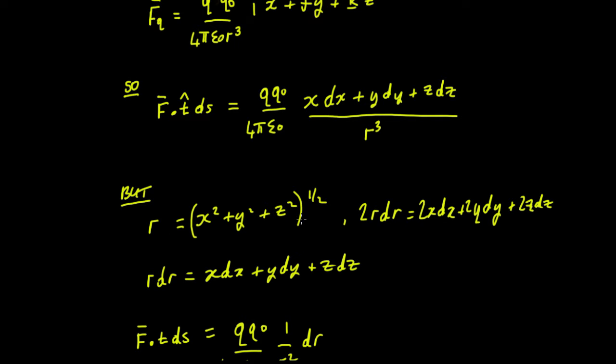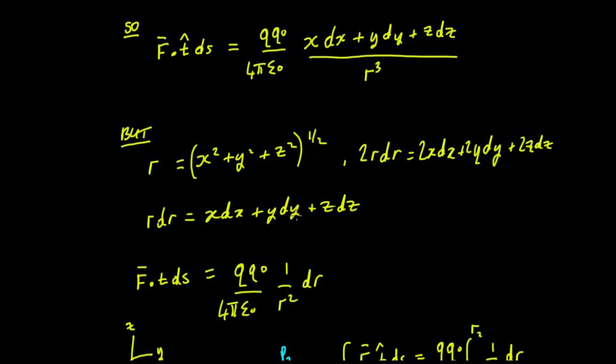Implicit differentiation gives us 2r dr equals 2x dx plus 2y dy plus 2z dz, and you can divide out through the 2s, leaving r dr equals x dx plus y dy plus z dz.